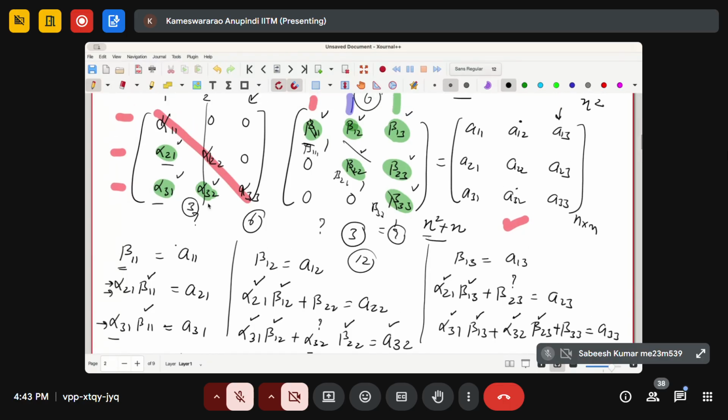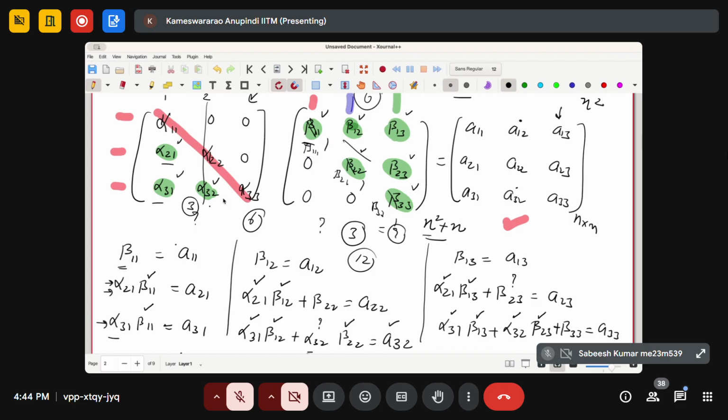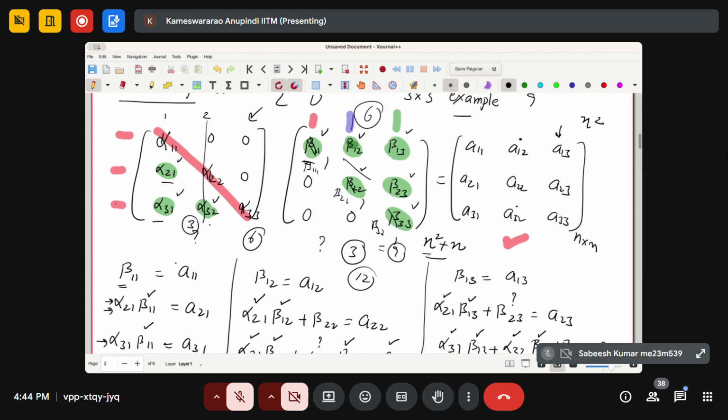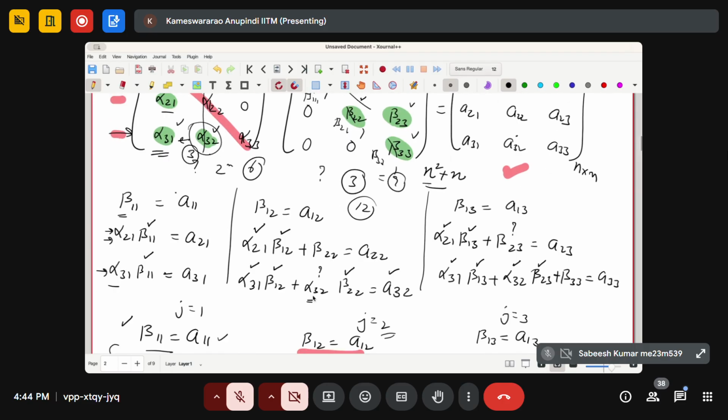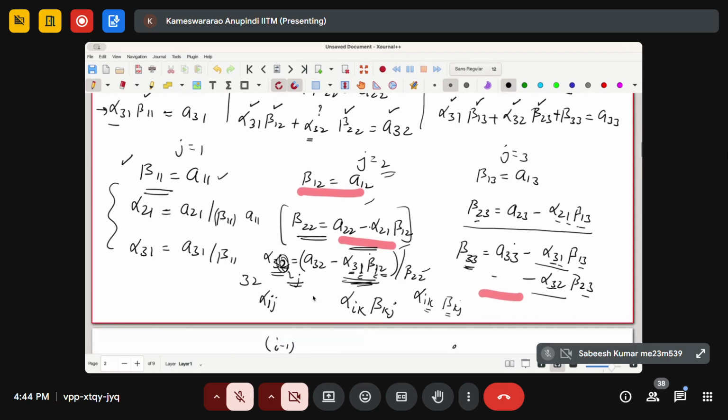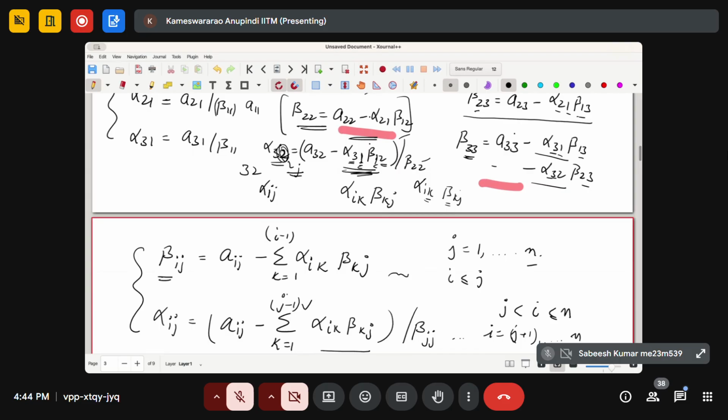That means you're trying to calculate the alpha value for this column in this particular row. Then alpha 32 will have subtractions from its predecessor values. Because this is the second column, the predecessors will be only the first column and so on, right? That means if this was some jth column, then these would have been up to the j minus 1th column, right? That's why this went as sigma in the alpha calculation. We had j minus 1 here.